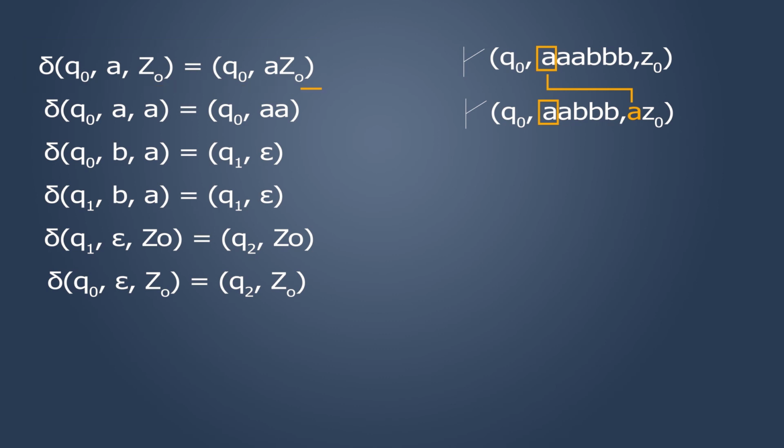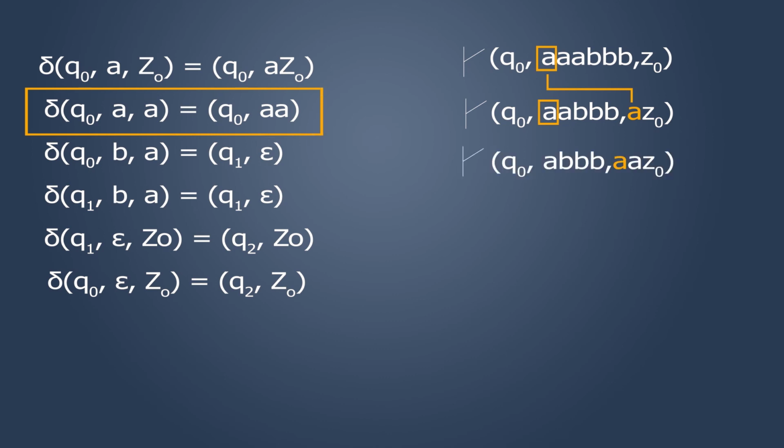So this transition function would get executed and it would push this A also onto the stack. Again we are in Q0 state with A as input and A as top of the stack. Again, this transition function would get executed and it would push this A also onto the stack.